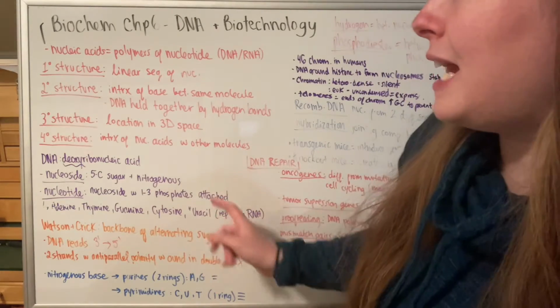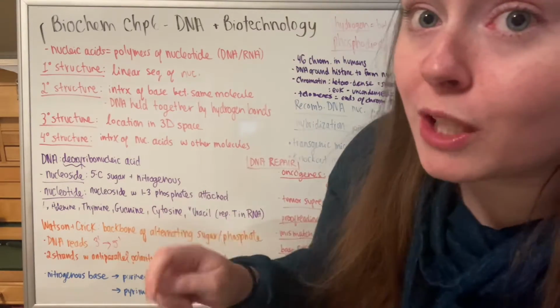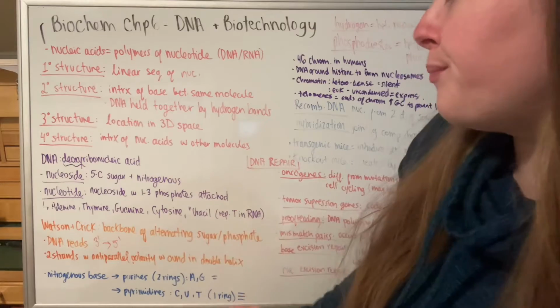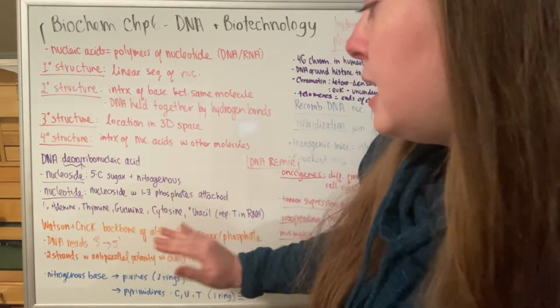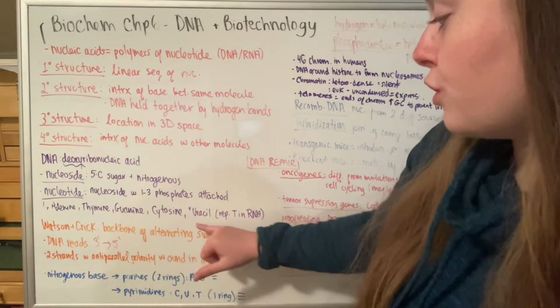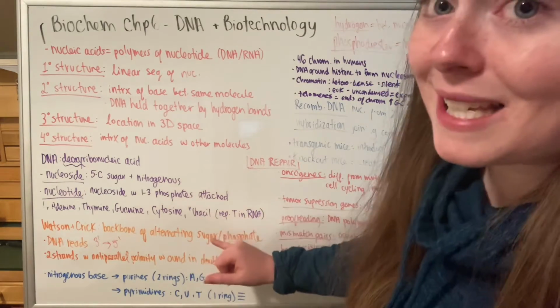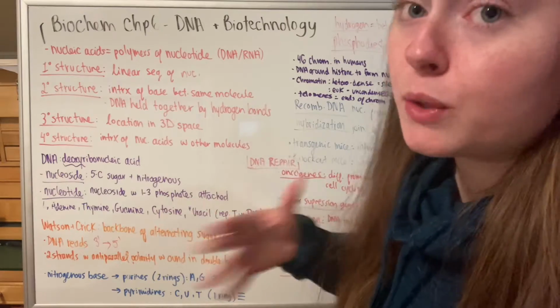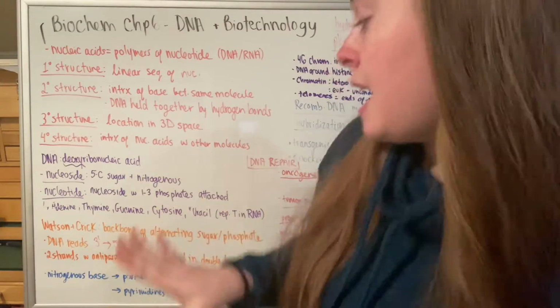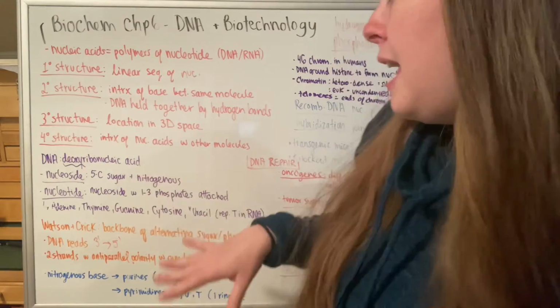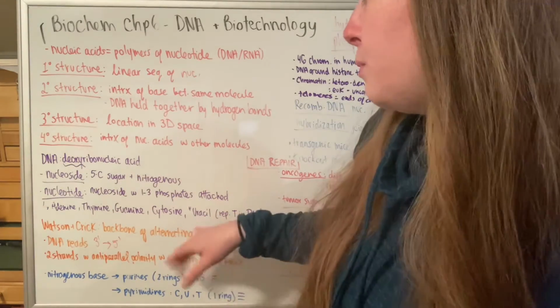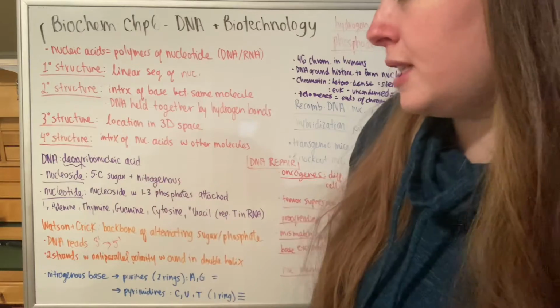So that's what makes it a nucleotide versus a nucleoside, is the phosphate. So nucleotides include adenine, thymine, guanine, and cytosine, and uracil, which replaces thymine in RNA. That's how you can differentiate if you're looking at RNA or DNA. If you have uracil, you know that you have an RNA strand. If you have thymine, you know that that is a DNA strand.